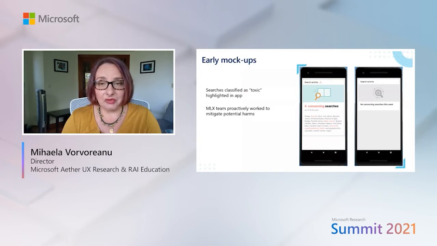And so this is how we met the team and we worked with them on this app. As you can imagine, there could be several, for example, psychological harms to children if they are embarrassed or if their privacy is invaded through some searches that they do, especially if you think about them trying to discover their own identity, for example.